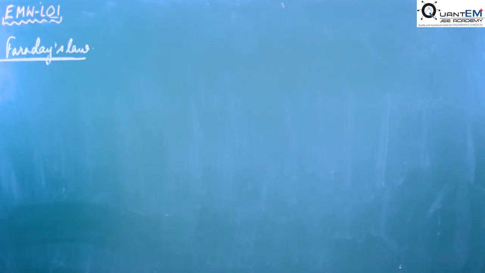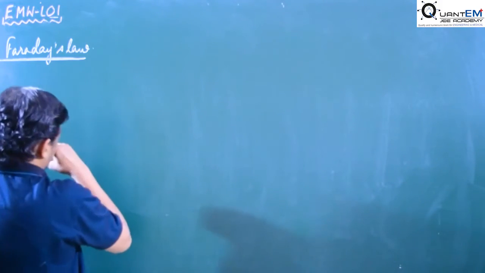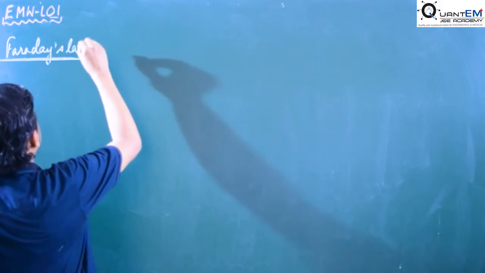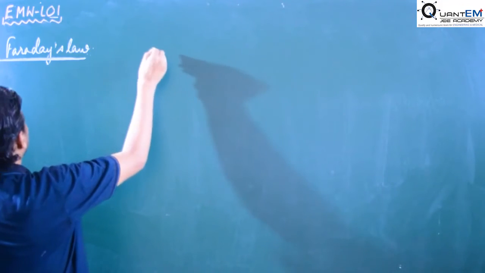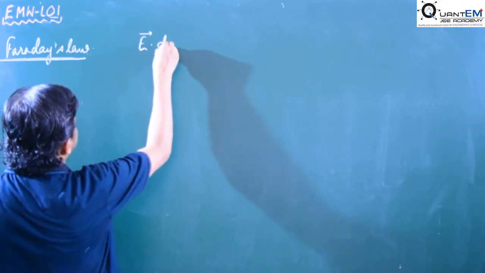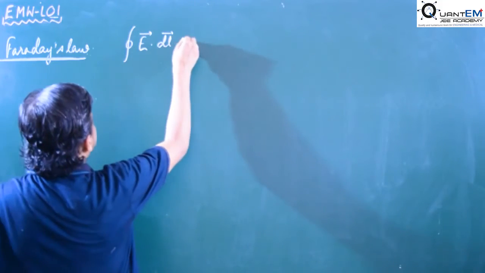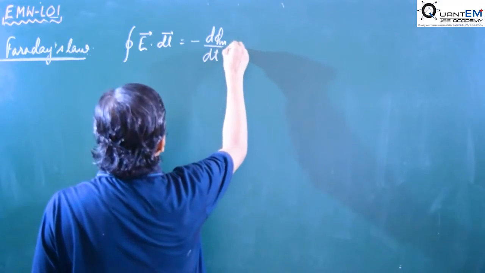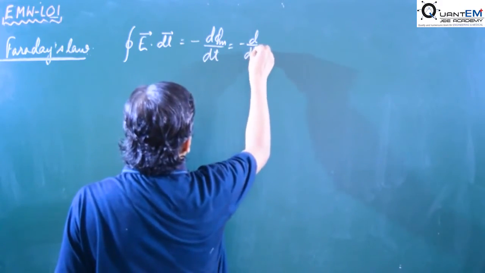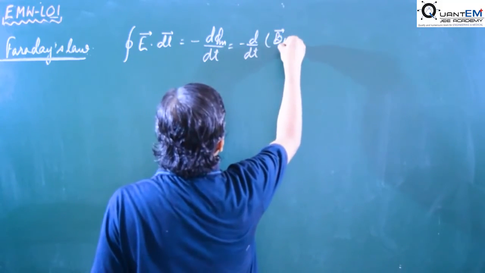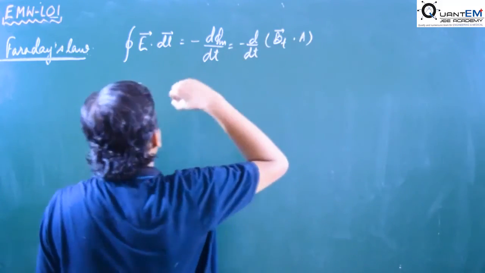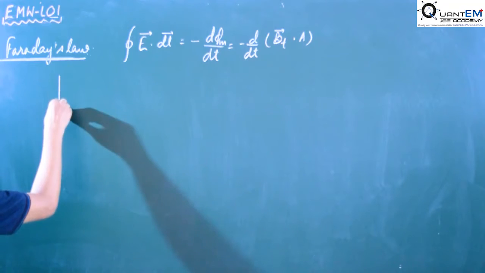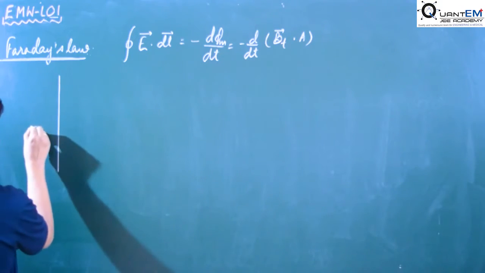The time variable electric field produces a magnetic field, and here the time variable magnetic field produces an electric field, that is E dot dl is equal to minus d phi m by dt, that is minus d by dt of the magnetic field into area. Okay, so we consider an electromagnetic wave.